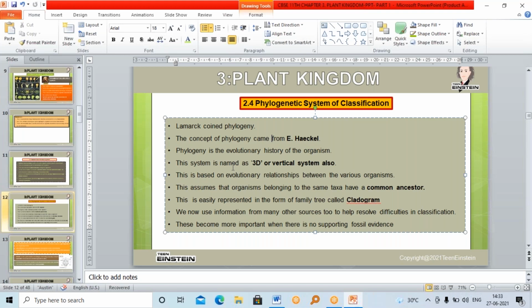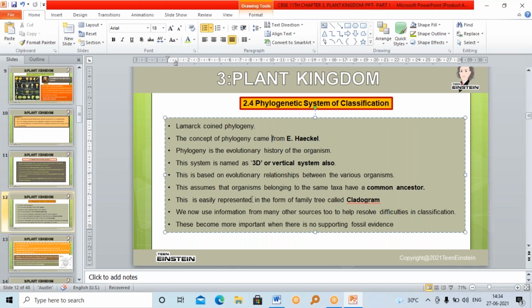The evolutionary relationship is the basic thing we consider in the phylogenetic system of classification, and it assumes that organisms belonging to the same taxa have a common ancestor.